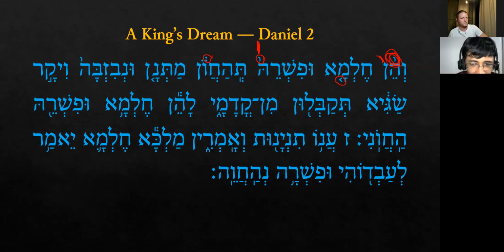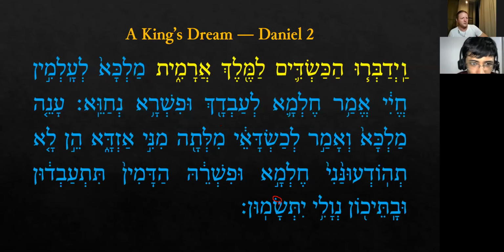And sometimes you see they really are written twice, like this one. This one is on the stress, and this one's at the end of the word. So that's Kadma and Pashta, or two Pashta. This is Pashta Munach Katon. Pashta Katon.